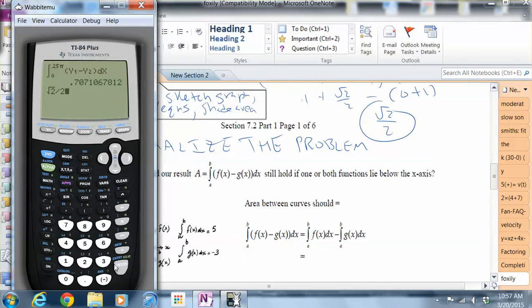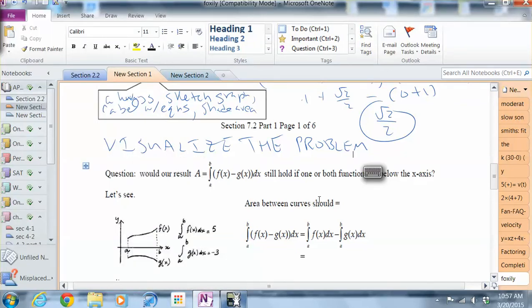A little hard to do with this clicking. Yeah, so we verified the answer, which you can always use your calculator for.